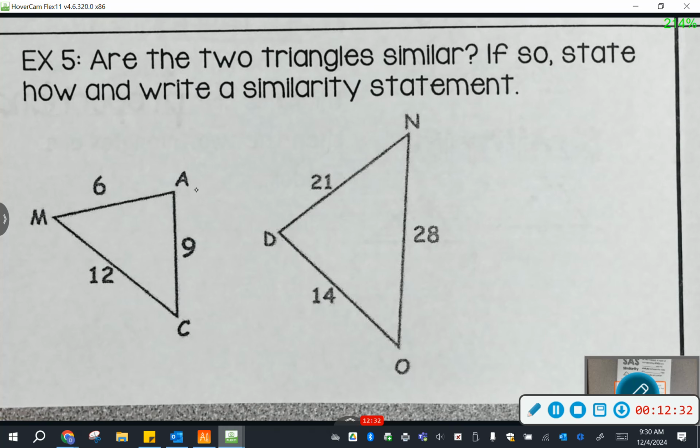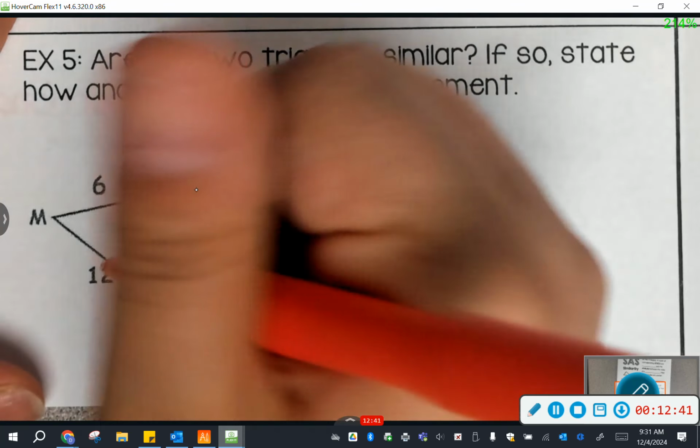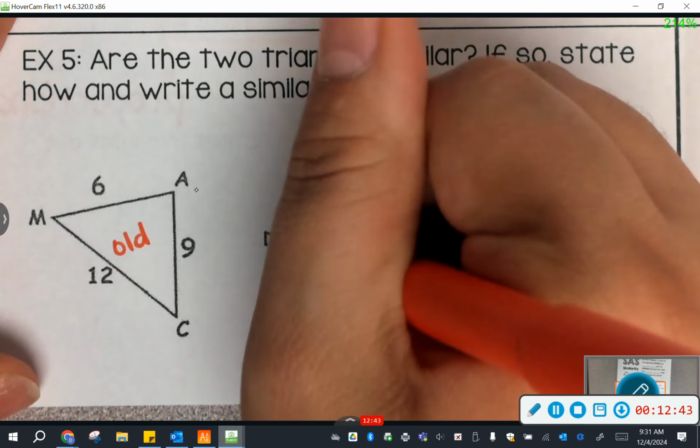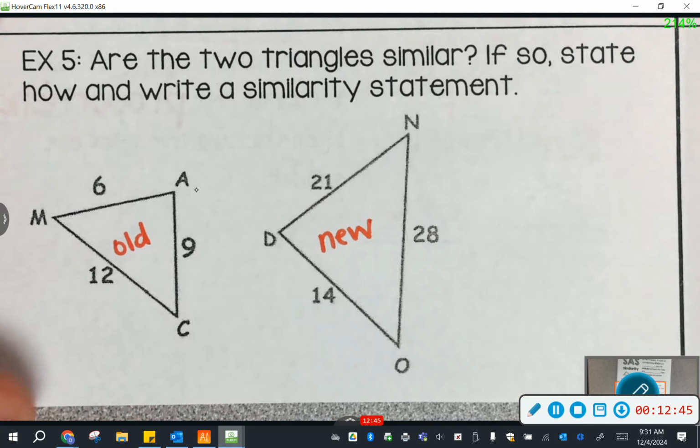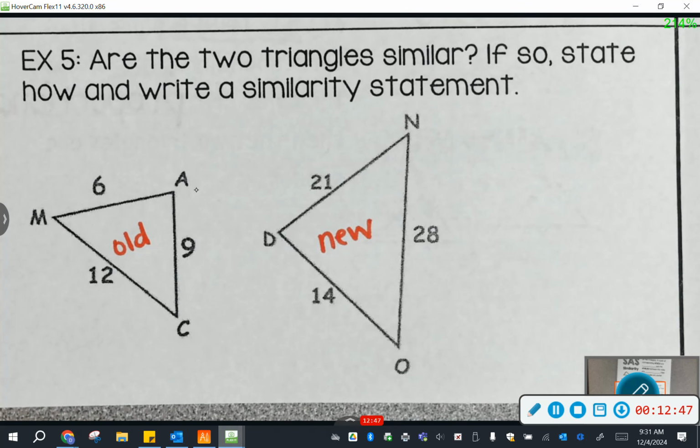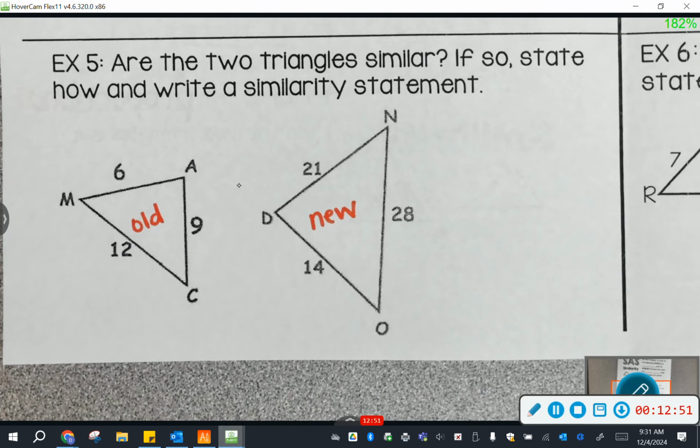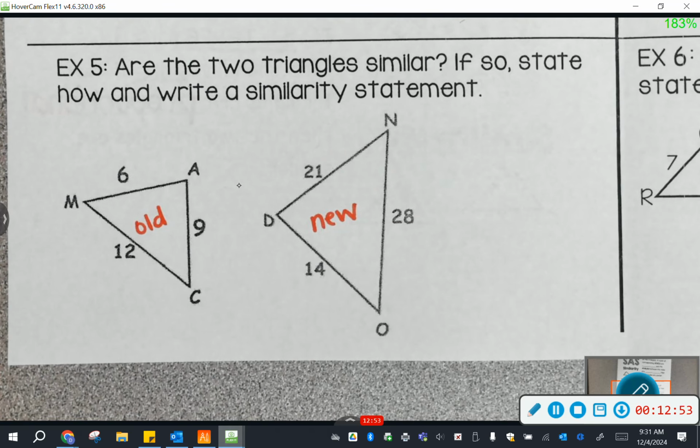You are going to do the smallest with the smallest, the middle number with the middle number and the biggest number with the biggest. First of all, this one's going to be old. This one's going to be new. And you are going to divide to see if they're proportional.